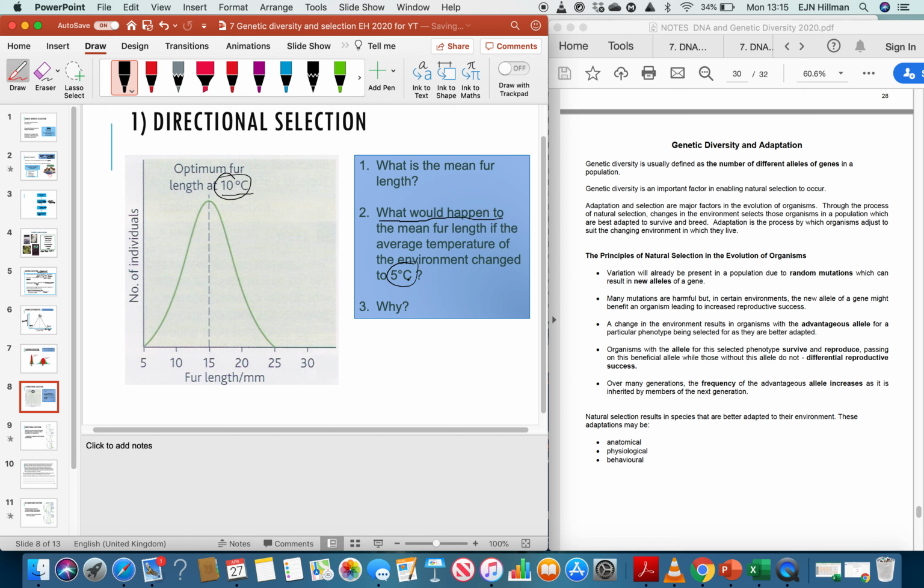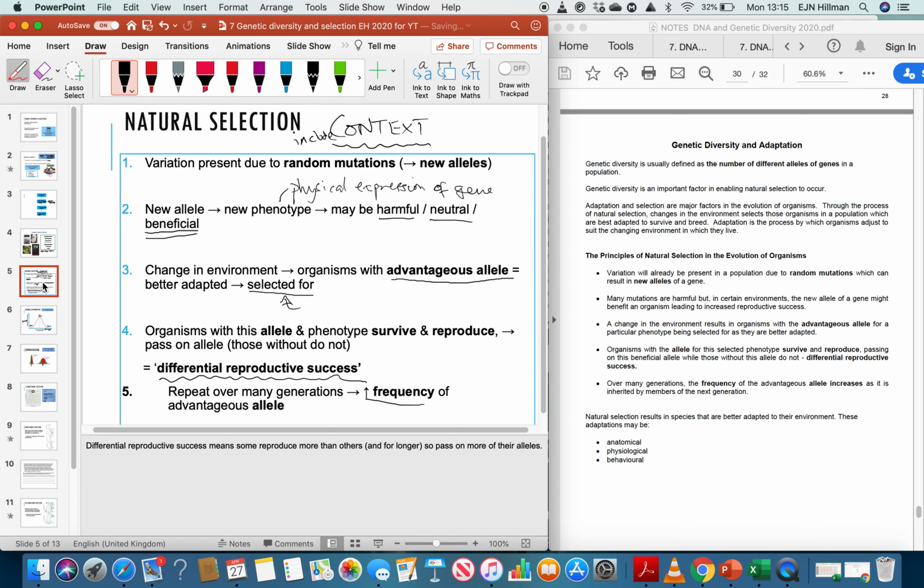Okay, so if the environment becomes cooler, it would be safe to predict that the fur length may increase. But we need to think about why that is, and we need to use our understanding of natural selection to be able to explain it.